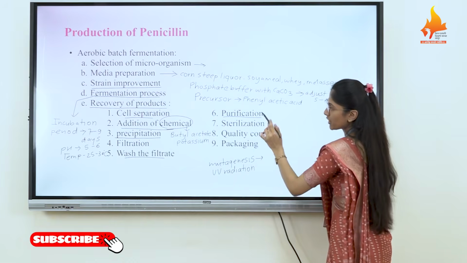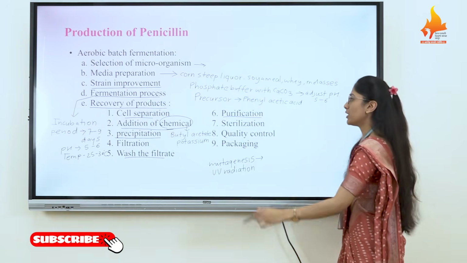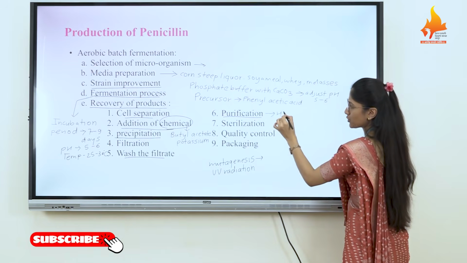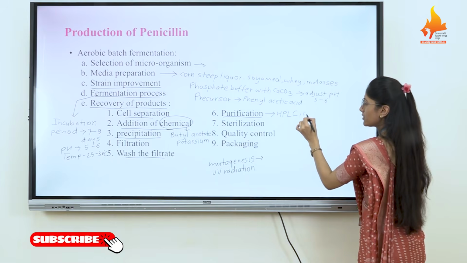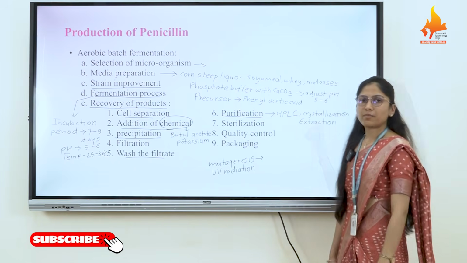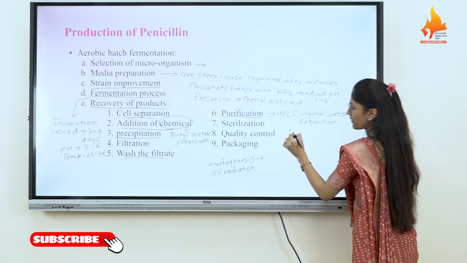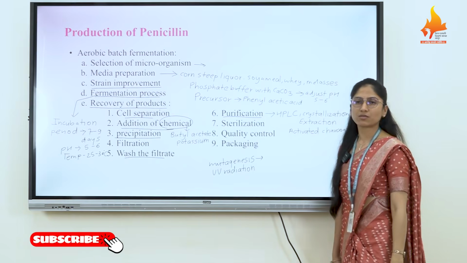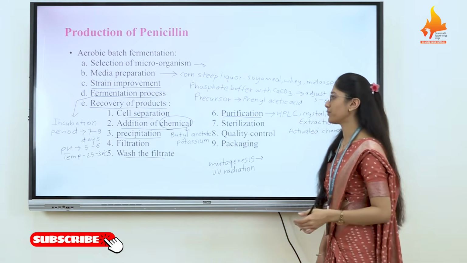Next step is purification, which is the most important step during the production process. Purification is basically done by using a chromatography technique, that is HPLC, high performance liquid chromatography. Then crystallization. Also we use extraction methods. To the penicillin rich aqueous broth, there is the addition of activated charcoal, which is responsible to remove the pigments and impurities present in that solution.